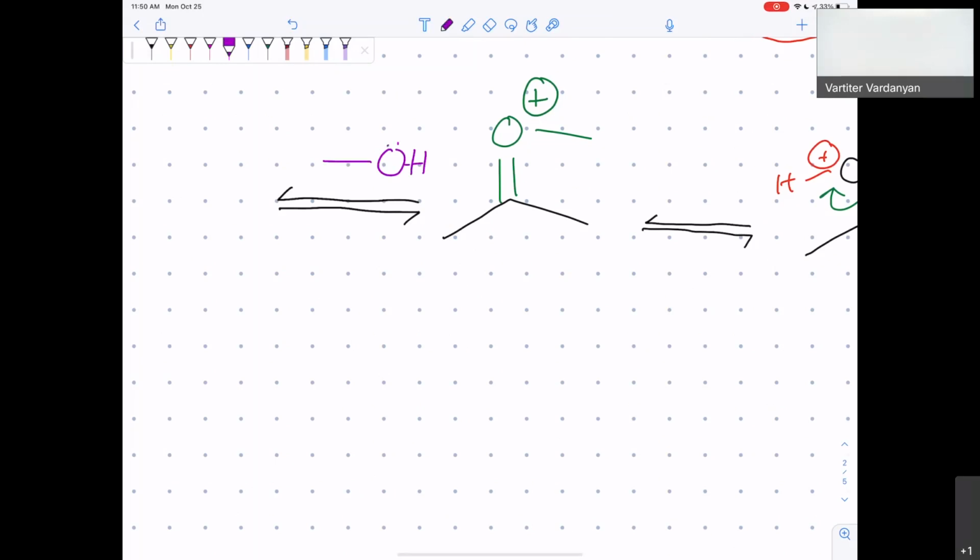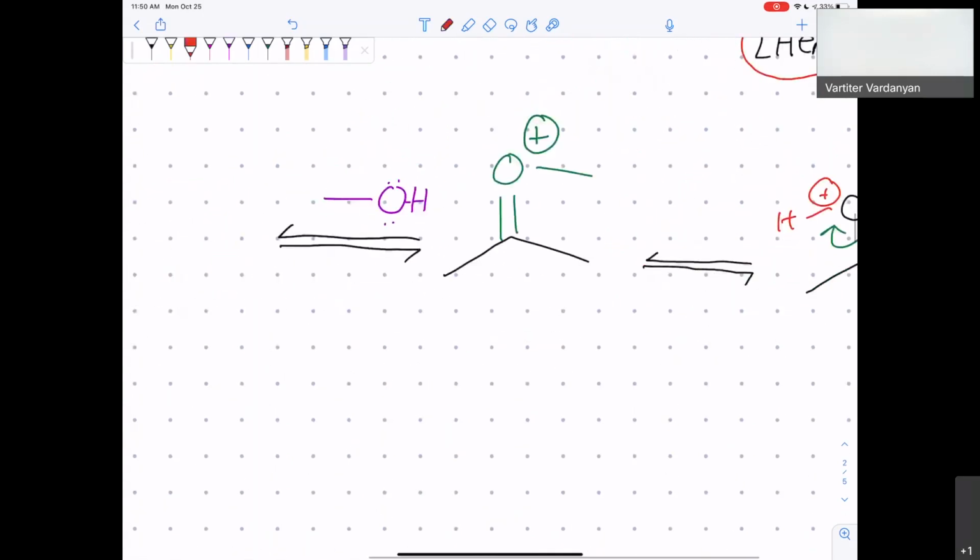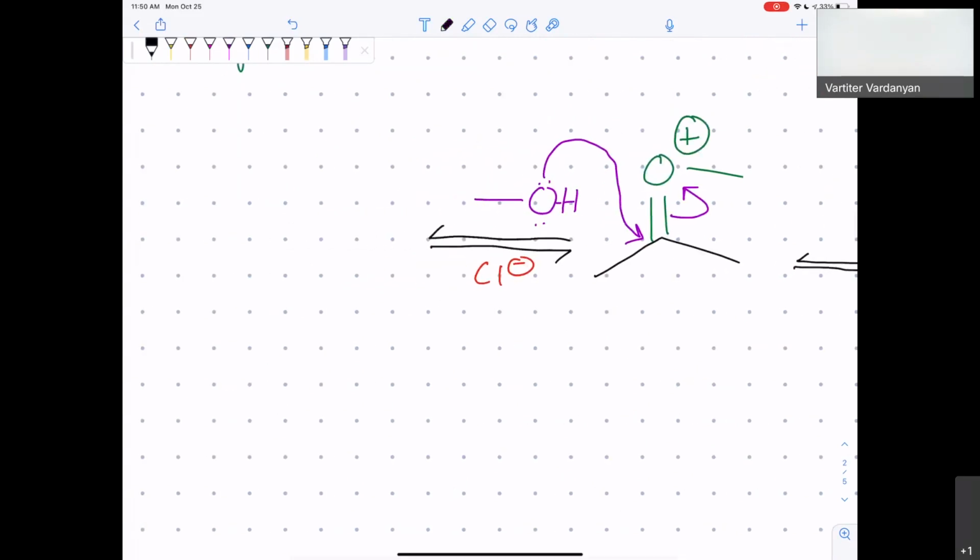So what's going to happen is, again, in solution, we have Cl minus. This O is going to attack, kick up these electrons. And yes, we could have deprotonated first, but I didn't want to. So now, again, we go from sp2 to sp3, which is what we were trying to avoid in the first place, but whatever.